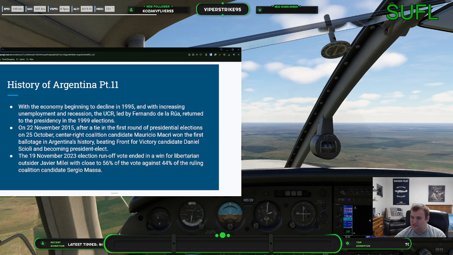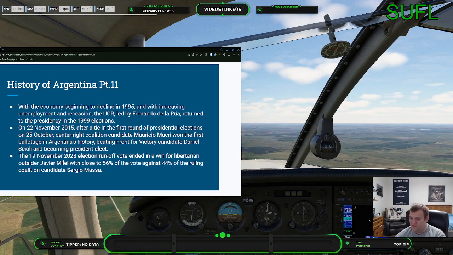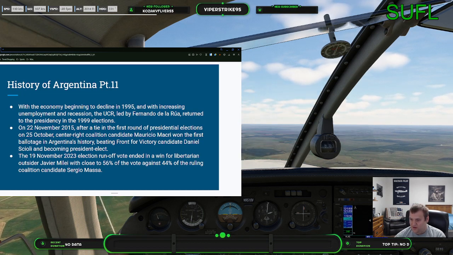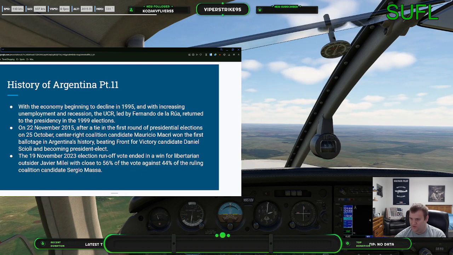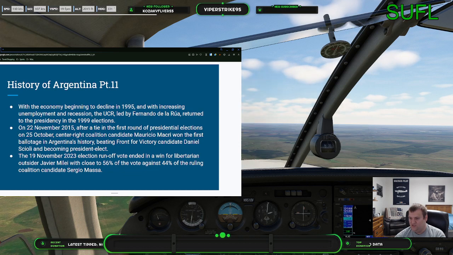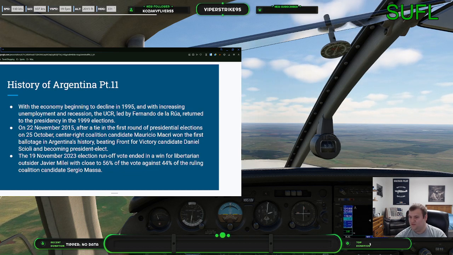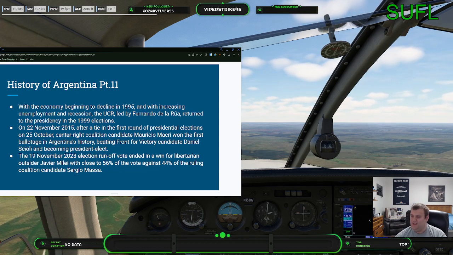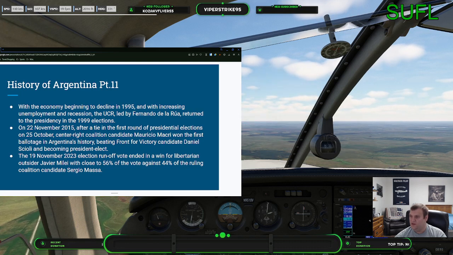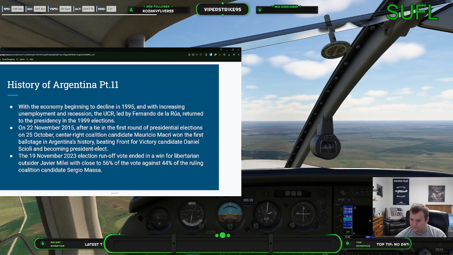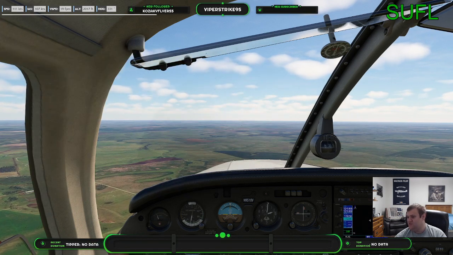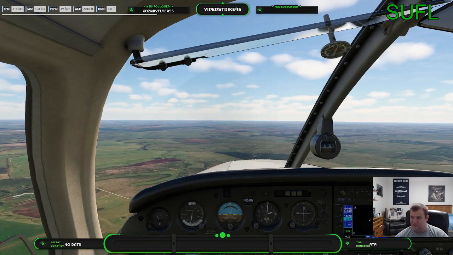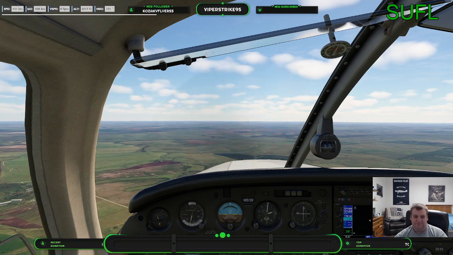But one of the most interesting things that happened in 2023 was the election of Javier Milei. He's the newest president of Argentina, and he is actually a libertarian. Yes, a libertarian became the new president of Argentina in 2023. So yeah, this is Argentina's history, guys. That is what we need to know about Argentina.